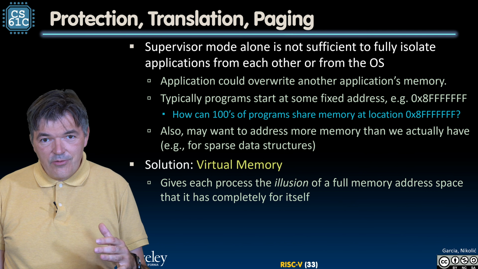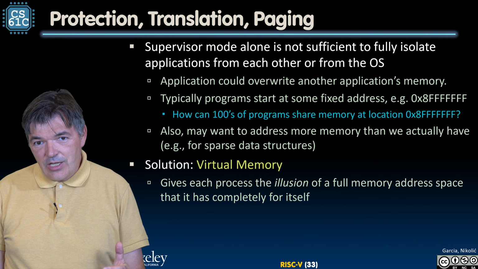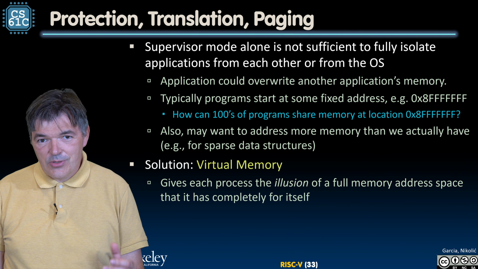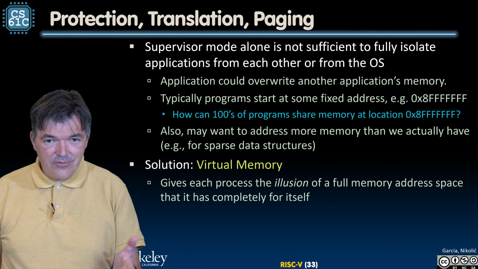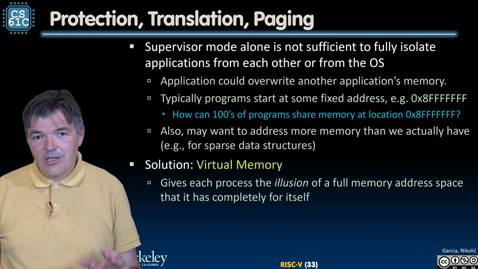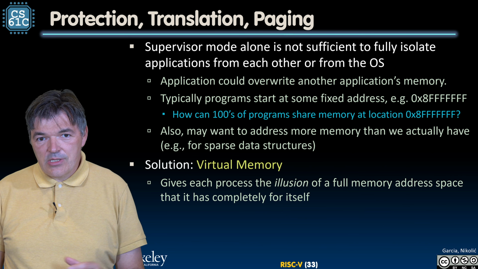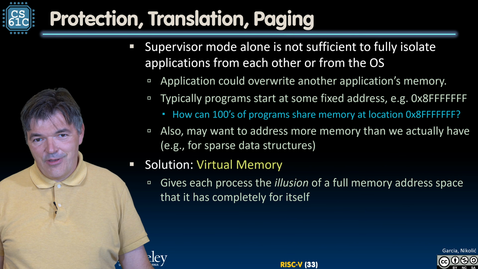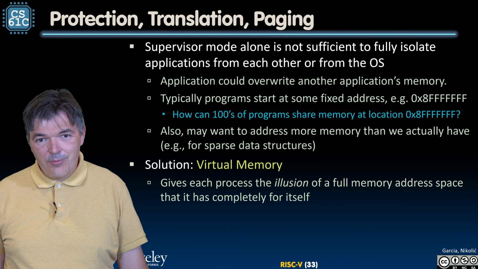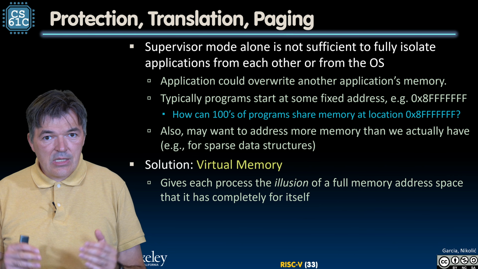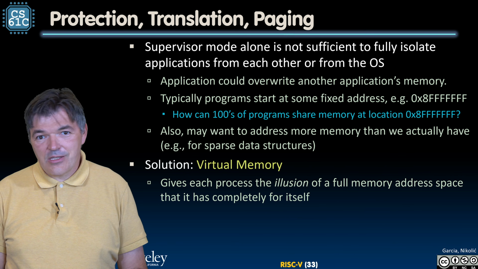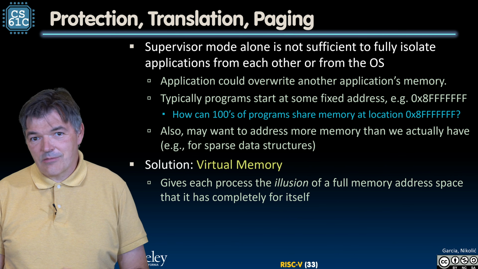The concept of virtual memory we're going to dive into in great detail in the next set of video segments. But in general, virtual memory is there to provide the illusion of the memory pyramid, which says that our memory is infinite and as fast as our cache.